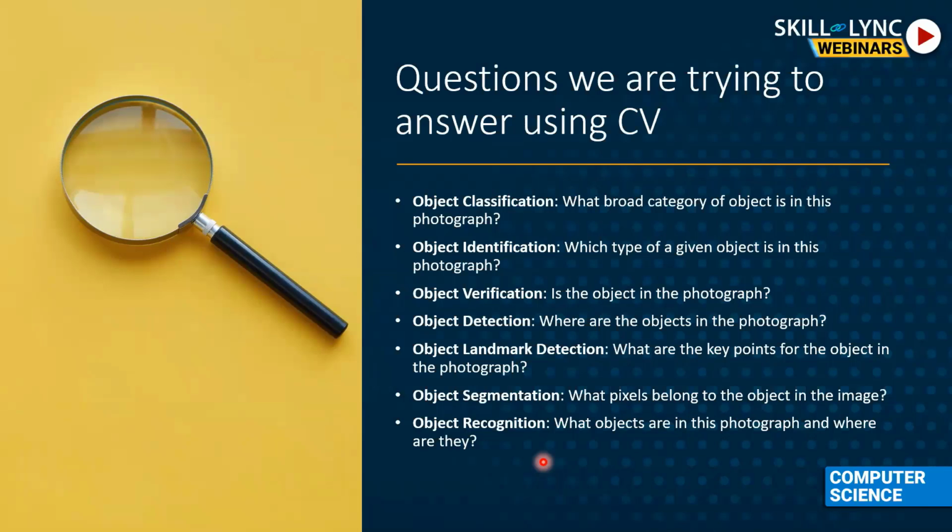For example, in this PPT, we can see what the words and letters are, that this letter is O and this letter is B. We can see that the O is before B, and these kinds of things that we can answer using object recognition. It's called object recognition when we are answering these things. And these questions are the ones that we can answer using our computer vision applications.